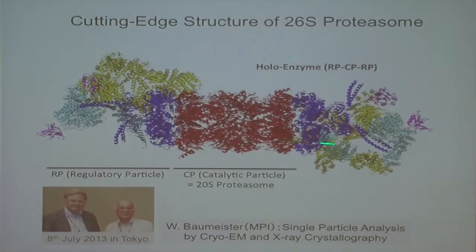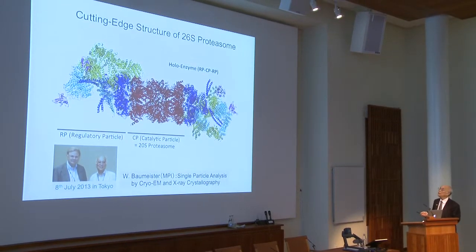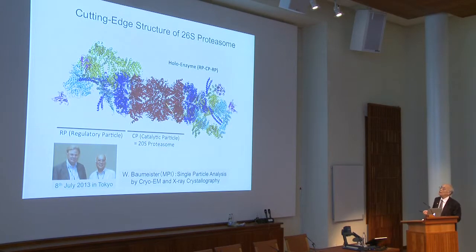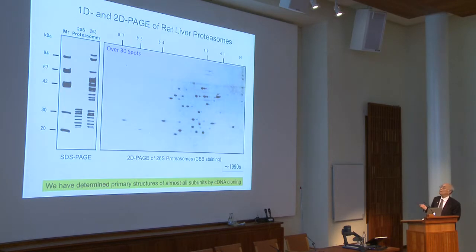The active proteasome can be divided into the central catalytic particle, also known as the 20S proteasome, and the regulatory particle, RP, binding on both sides. This is the most modern structure of the proteasome.